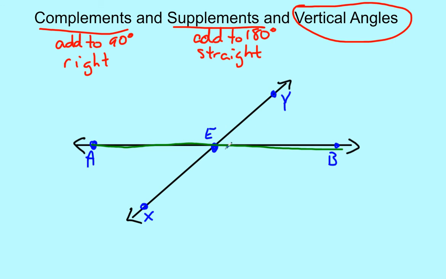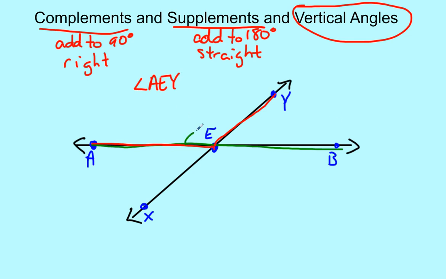So we look for something that splits this into two angles, and we happen to have this nice ray here going from E to Y, and it splits up our straight angle, which means if we take the angle on the left side of this, angle AEY, we'll say that's supplementary to the other part of this whole thing.